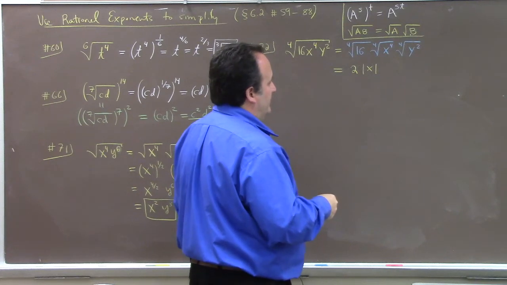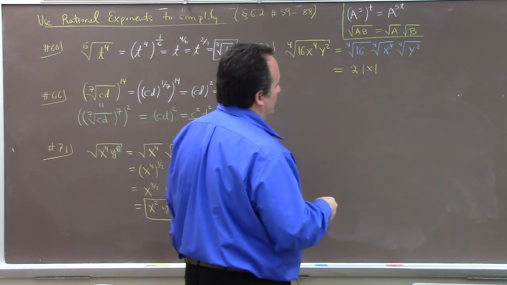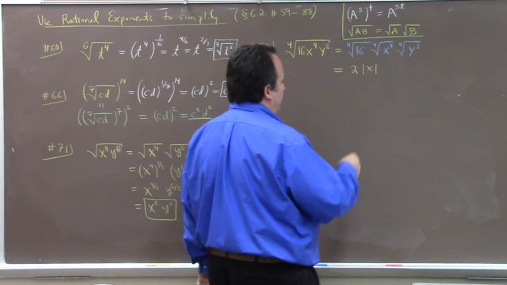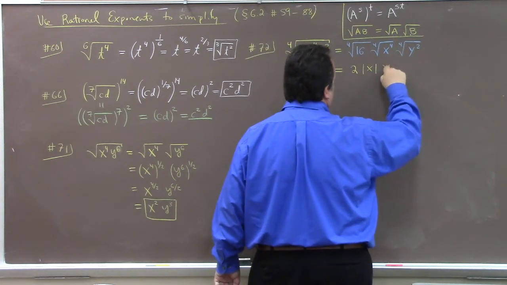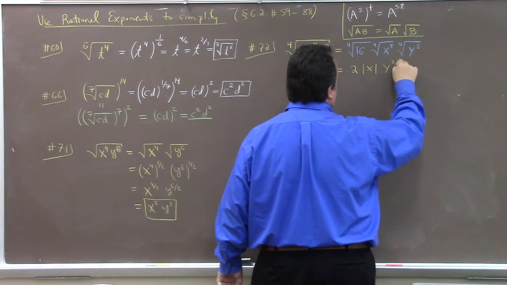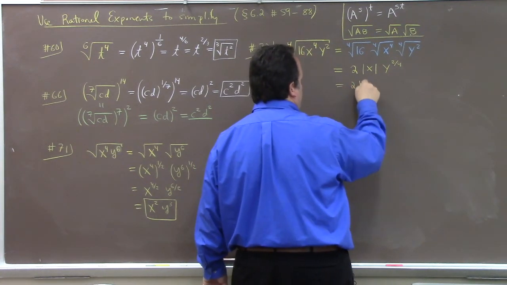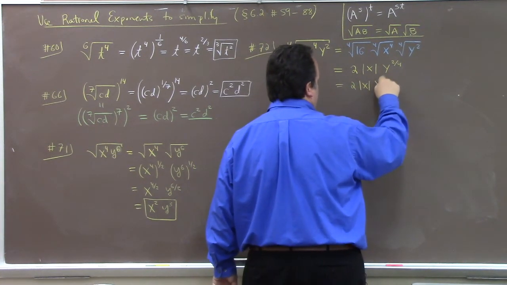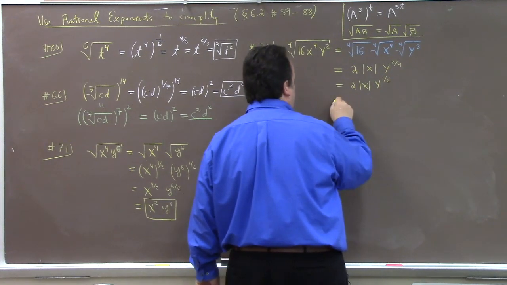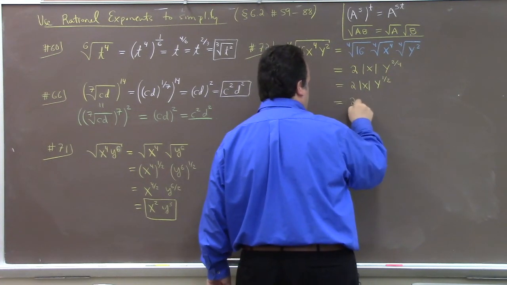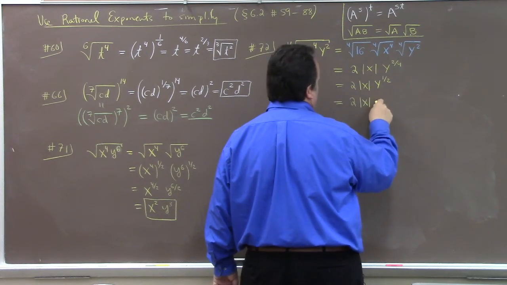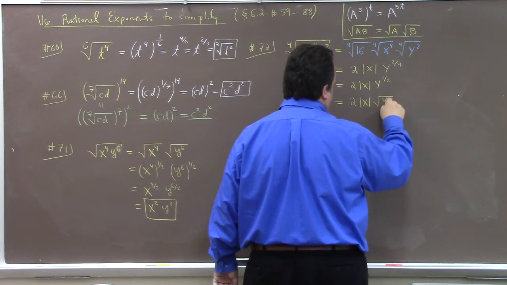And the 4th root of y squared, that's y to the 2 over 4, which is y to the 1/2. So you have 2 absolute value of x, y to the 1/2, or 2 absolute value of x, square root of y.